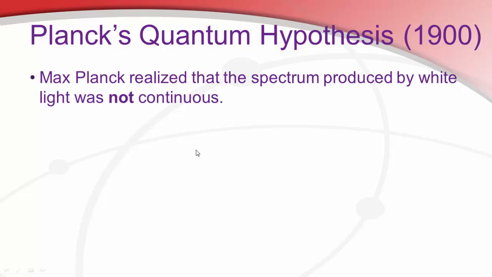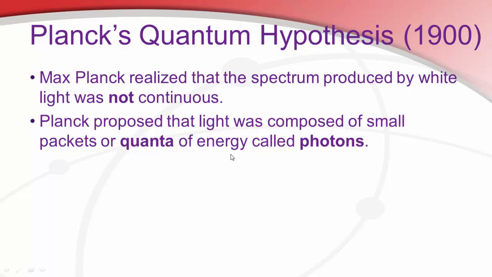This guy, Max Planck, he realized that the spectrum produced by white light, while we often call it continuous, it isn't precisely continuous. So white light looks continuous because it's the sum of a whole lot of these little things called photons.